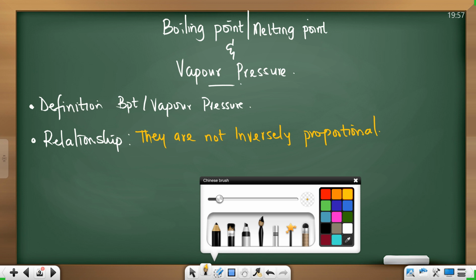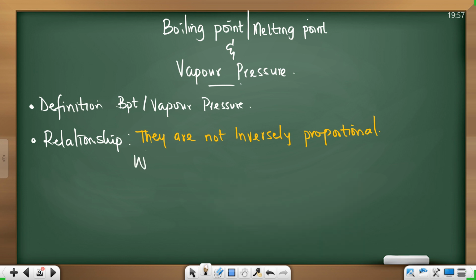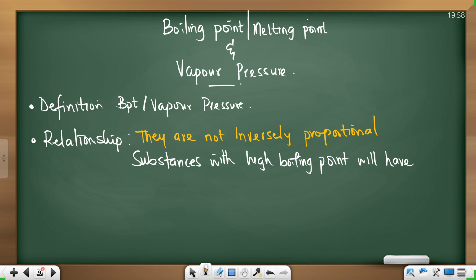All we need to do is to say that when substances with high boiling point will have low vapor pressure.